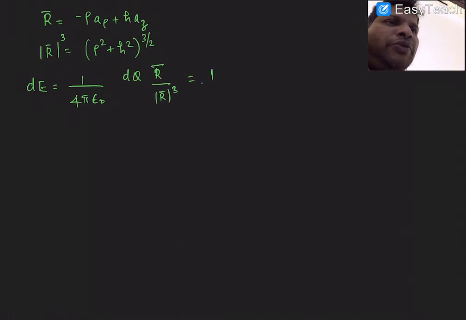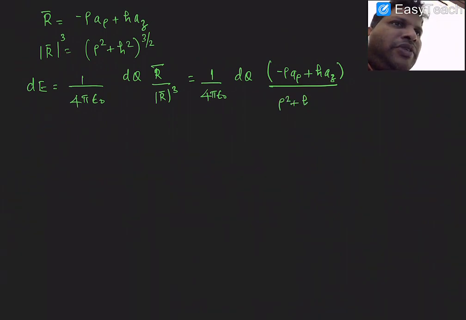So this will be equal to 1 by 4 pi epsilon 0 into dq into r bar, which is minus rho a rho plus h a z, divided by rho squared plus h squared whole power 3 by 2.